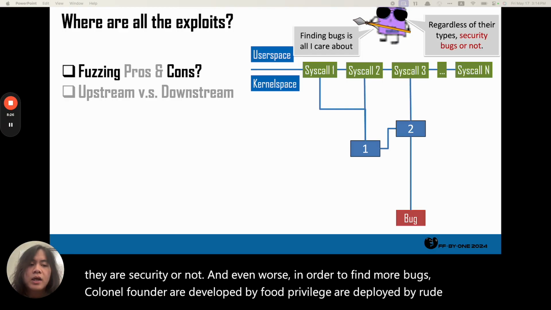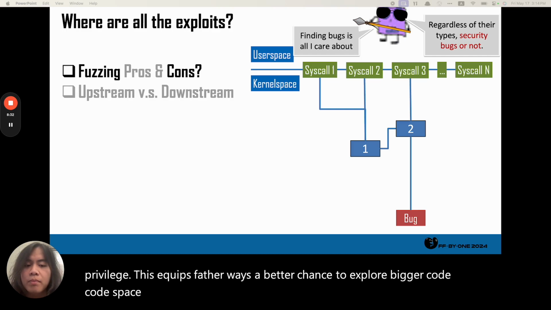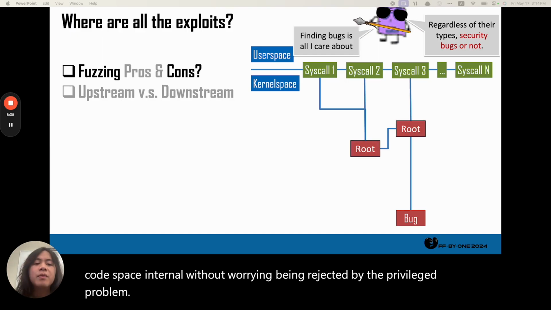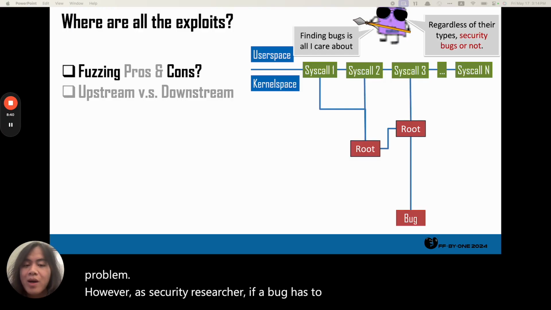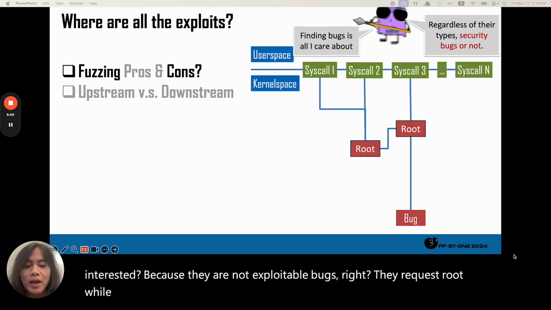This equips the fuzzer with a better chance to explore a bigger code space in the kernel without worrying about being rejected by privilege checks. However, as security researchers, if a bug has to be triggered as root, we're not interested because they are not exploitable bugs. Right? They require root. What's the value in exploiting them?